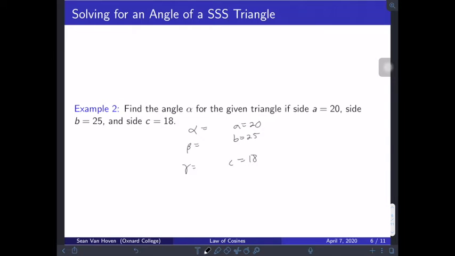We'll use one of the more simplified versions, one where it says that the cosine of alpha is equal to b squared, which is 25 squared, plus c squared, which is 18 squared, minus 20 squared, all over 2 times 25 times 18, or that our alpha is equal to the arc cosine of everything we just wrote down earlier.